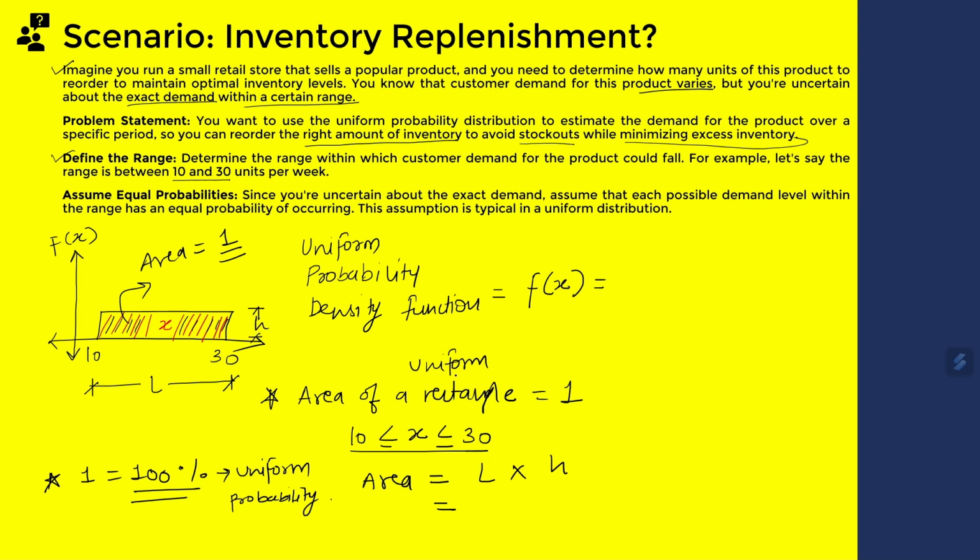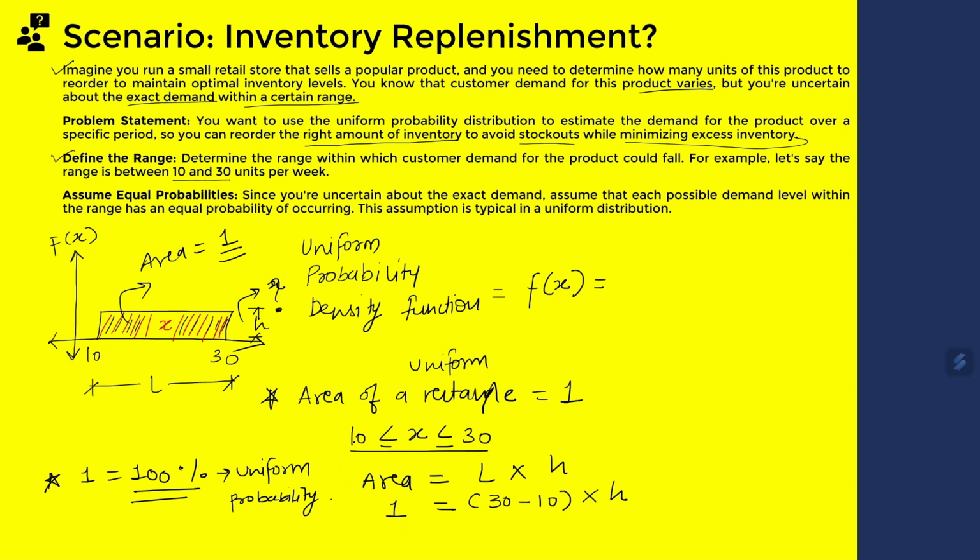Okay, but we know the length but we don't know the height. So the length is 20. As you can see, how it is derived: highest minus lowest. We don't know the height, but we do know the area, which is 1.